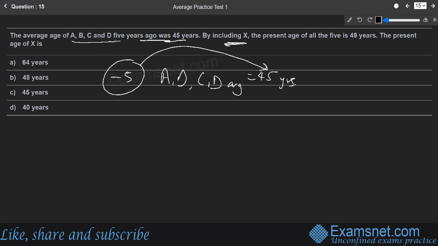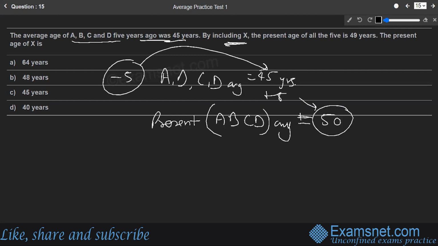If we are not including X, then in the present time the average of the same A, B, C, and D would have been just 45 plus 5, that is nothing but 50 years. So in the present time, we can say that the average of A plus B plus C plus D is nothing but 50 years. Okay.